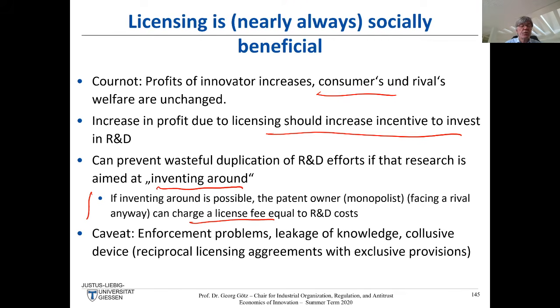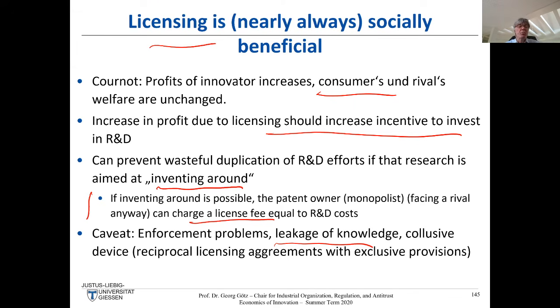And finally, of course, there are problems from the viewpoint of the firm in terms of licensing. It's not clear whether your license holder really pays. The other point is there might be a leakage of knowledge. That is, you give them the license, and then they use your technology, your knowledge to develop something which then becomes a competitor to you.